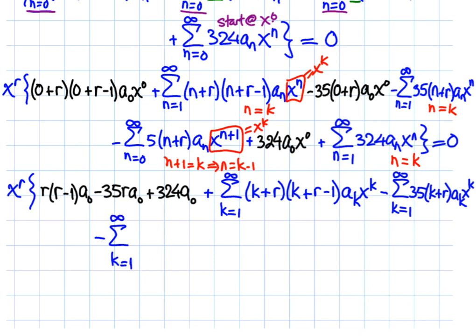And minus 5, n is k minus 1, so k minus 1 times k minus 1 plus r minus 1, and n plus r, n is k minus 1, x to the k.